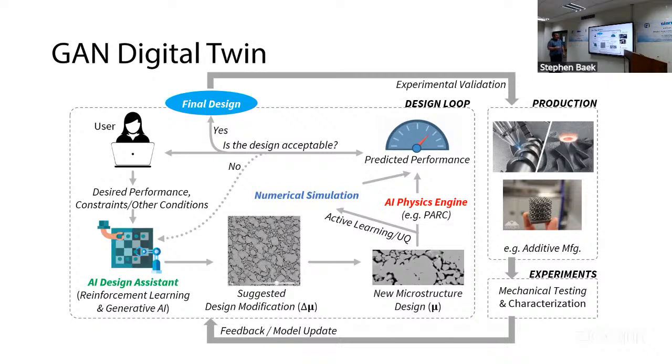And then based off of this predicted performance and the desired performance, things like reinforcement learning, which is something that we haven't covered in this course, so that this AI agent will then suggest a new design, and then we basically go over the loop.